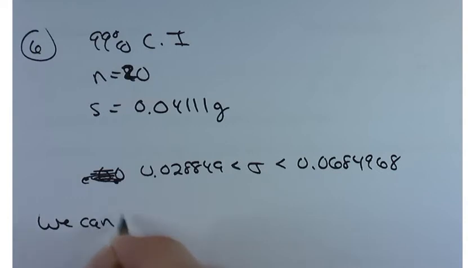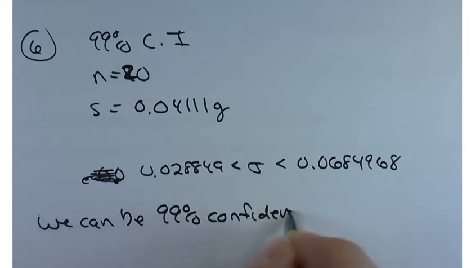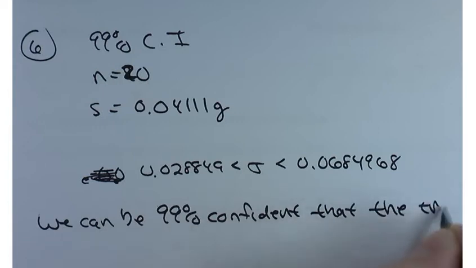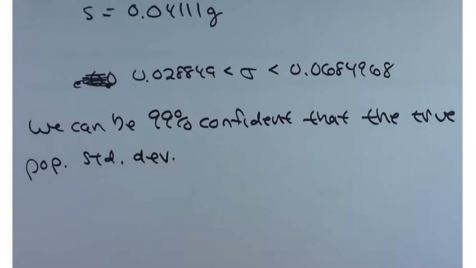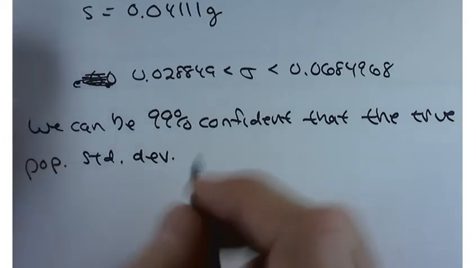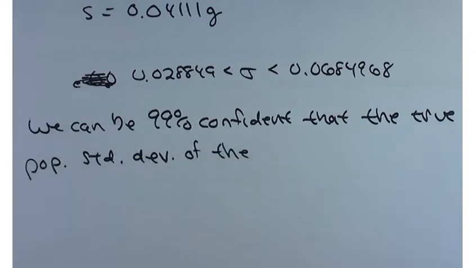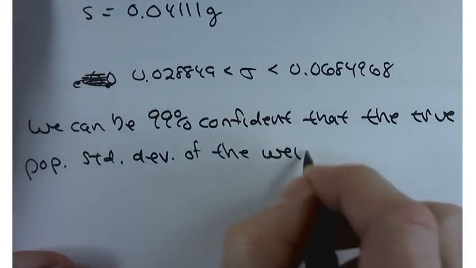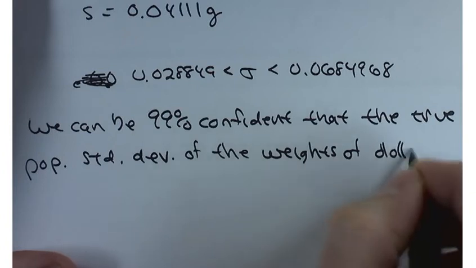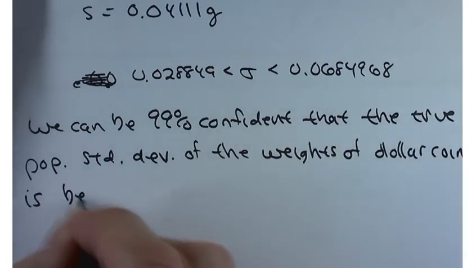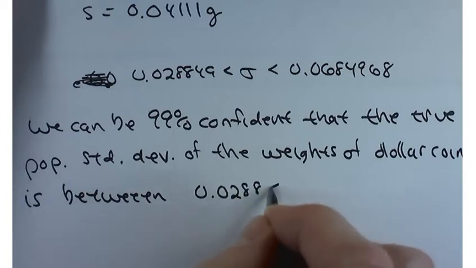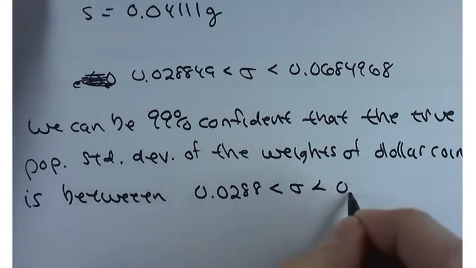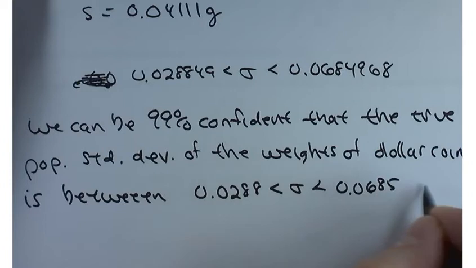We can be 99% confident that the true population standard deviation, pardon me if I'm getting a little bit lazy here, pop standard deviation of the weights of dollar coins, is between 0.0288 and 0.0685 grams.